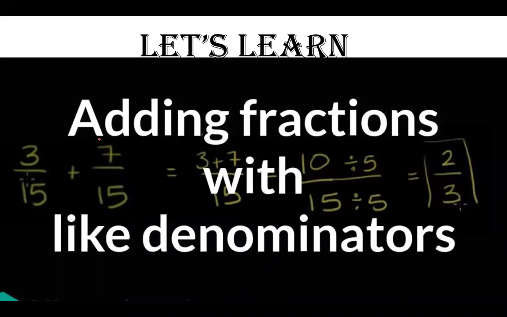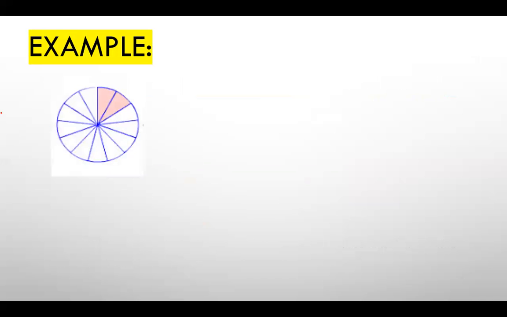So let's learn how to add fractions with like denominators. Let's take an example of a wheel. Here we have a wheel. This is a whole and we have divided this wheel into different parts.